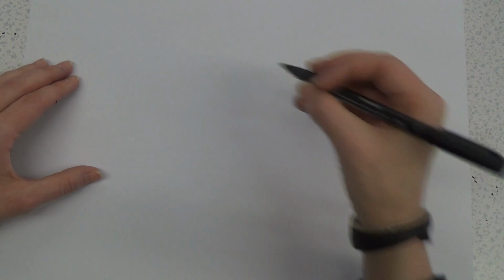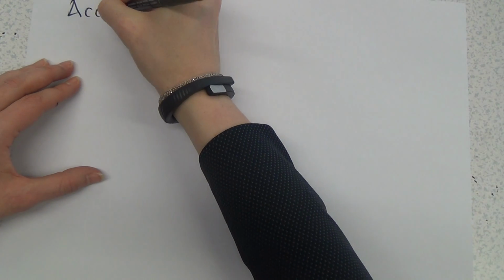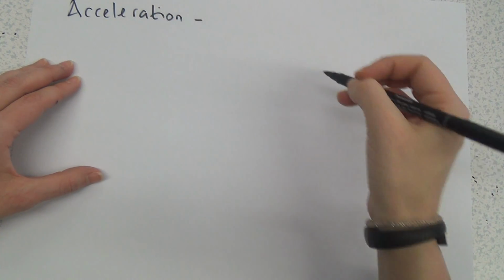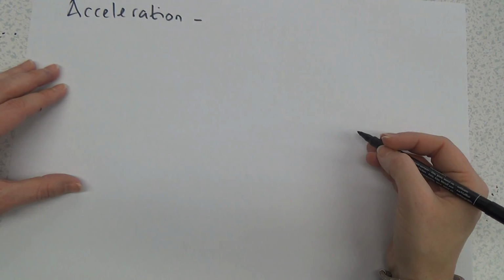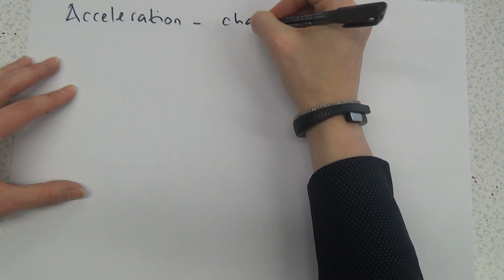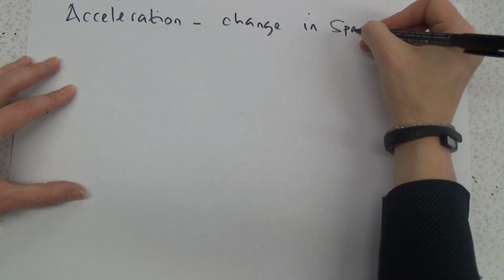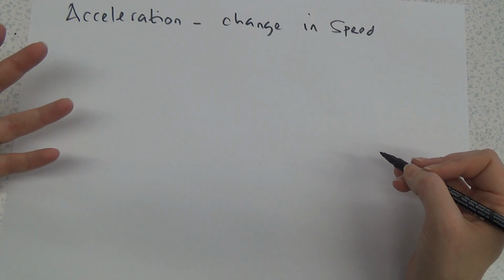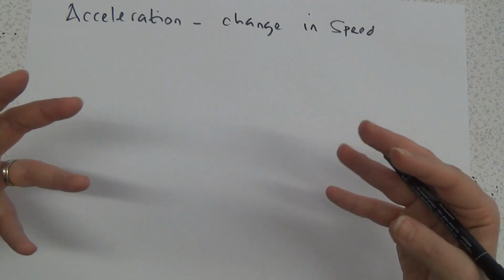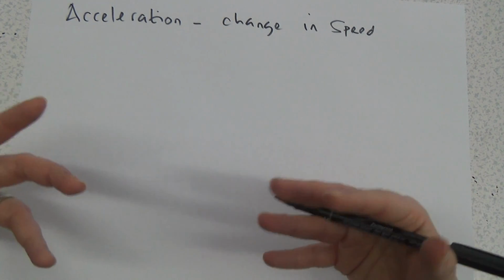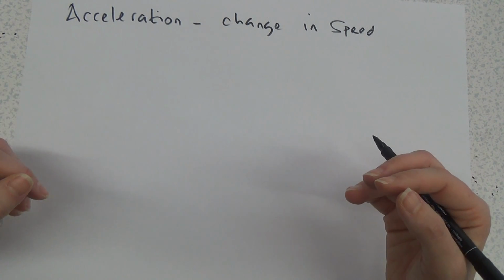When we look at acceleration in a little bit more detail, it's important to understand what acceleration actually means. Now, most people, when they talk about acceleration, they are talking about change in speed. So when people talk about the fact they're accelerating quickly, for example, so the acceleration is high, what we're talking about is how the speed is changing over a particular time.